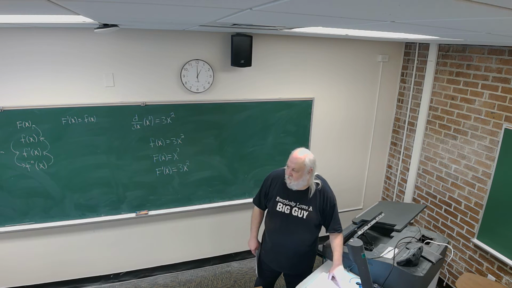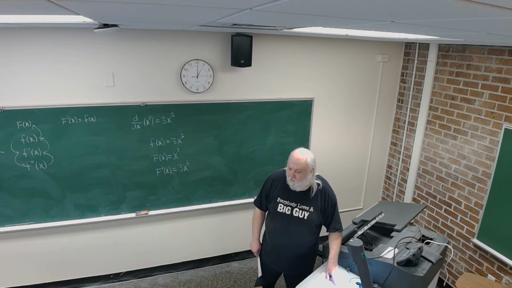It turns out all the antiderivatives of 3x squared differ by a constant. You notice that big F, big G, and big H all differ by a constant. They all have x cubed, but the constant is different.